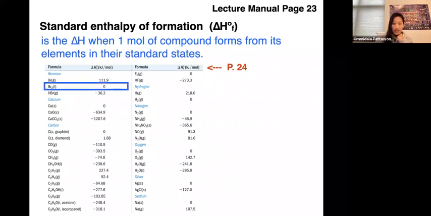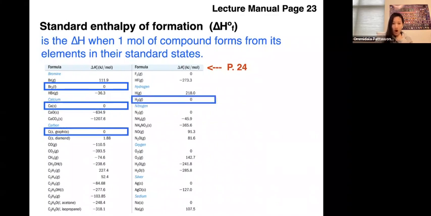For example, bromine 2 in liquid form is the standard state at 1 atm pressure and 25 degrees Celsius, so bromine liquid has 0, which is the reference point for the standard enthalpy of formation. Same thing for calcium solid, and graphite solid. All of these are elements in their standard state, so we set those as 0, the reference point.